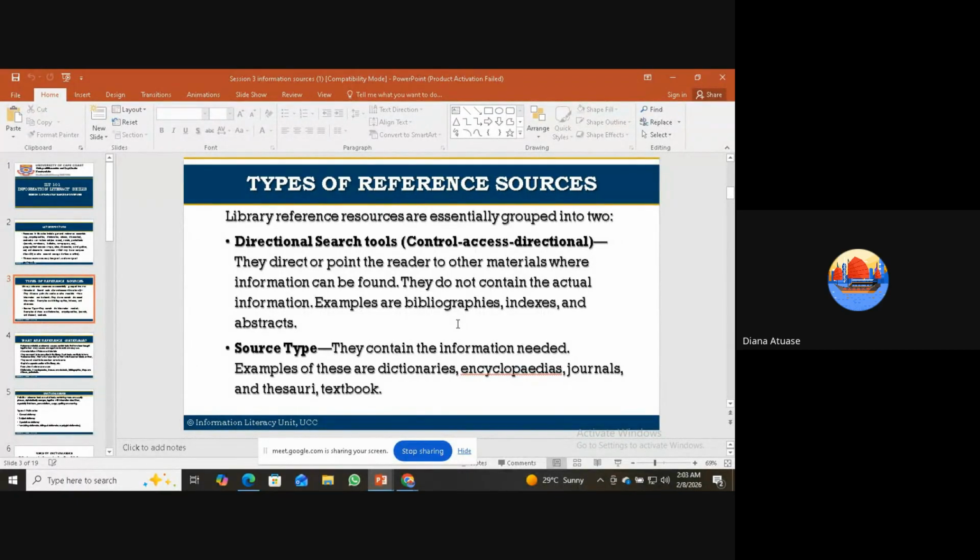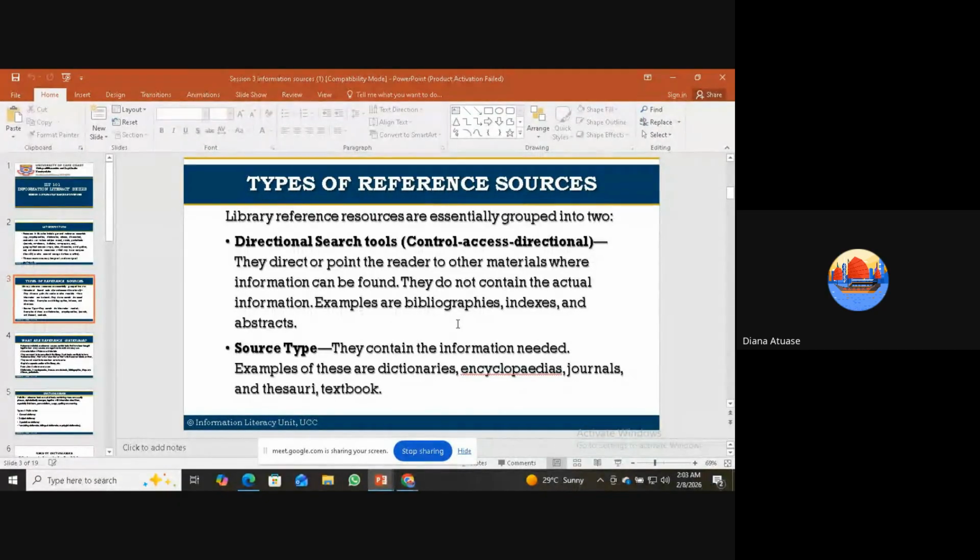But those materials sometimes do not contain the actual information that you want. They serve as a guide, they lead, they direct. So information in them rather points to where you can get the major information.